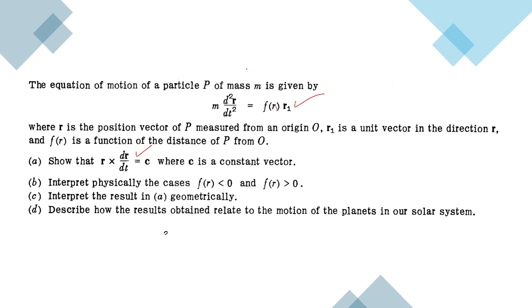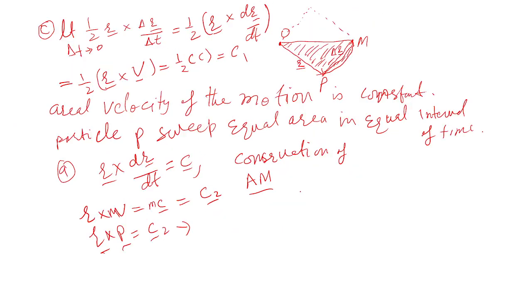So these are the conclusions of the equation. Now the fourth one: describe how the result obtained relates to the motion of the planets in our solar system. We already discussed that the particle sweeps equal area in equal intervals of time, and it is one of the Kepler laws.